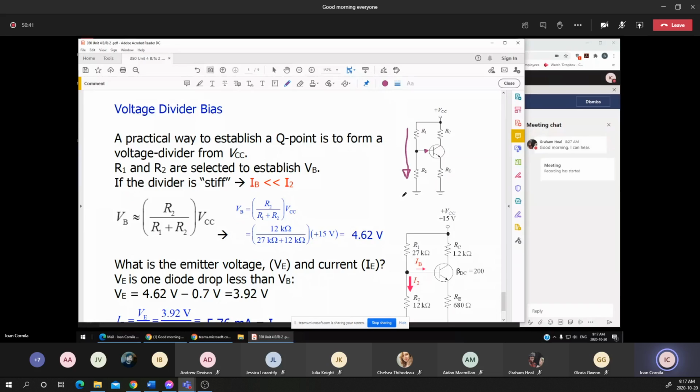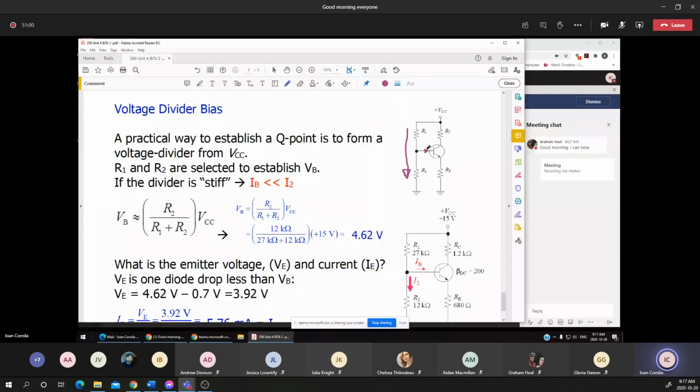Why do we have this condition? Because IB will not affect the current or the voltage that is dropping around R1 and R2.